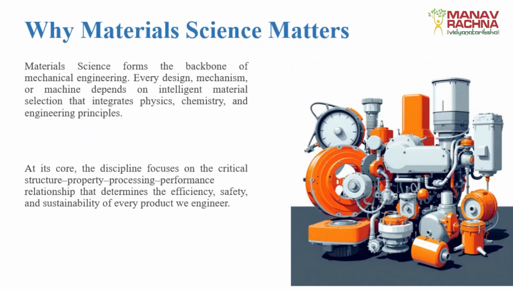Material science forms the backbone of mechanical engineering because every design, mechanism or machine we create is fundamentally dependent upon the materials we choose. It integrates the principles of physics, chemistry and engineering to understand the structure, property, processing, performance relationship of materials.